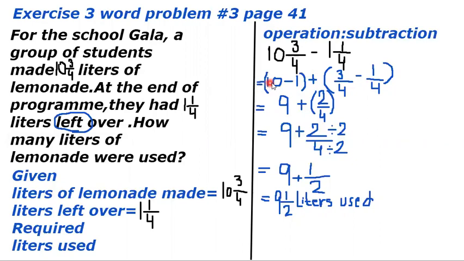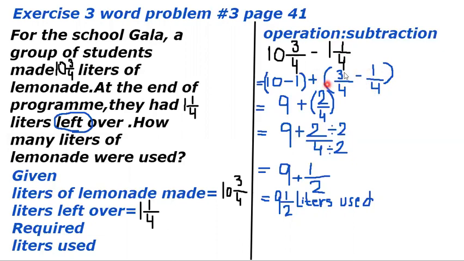And in the next step, we will subtract a whole number from a whole number. We'll subtract 1 liter from 10 liters. It will give us 9 liters. And we will subtract the fractional parts separately. Then at the answer stage, we will add the whole number part and the answer of the fractional part.